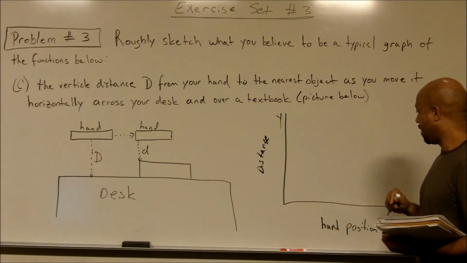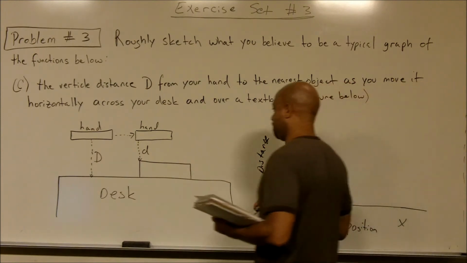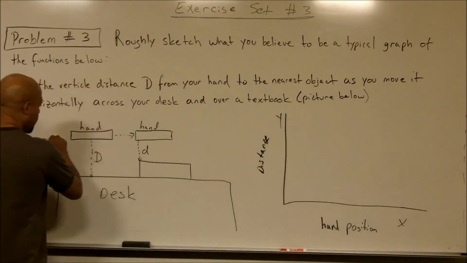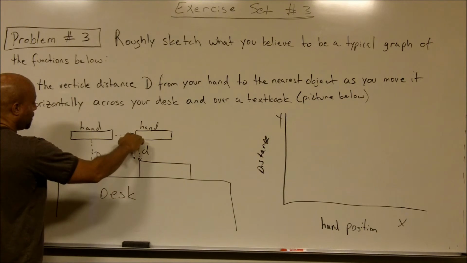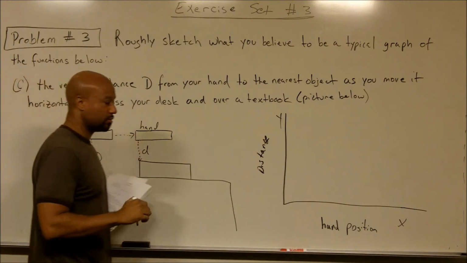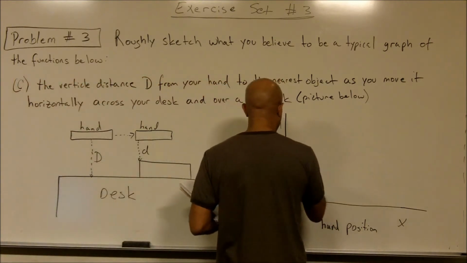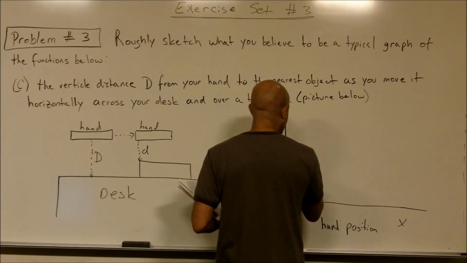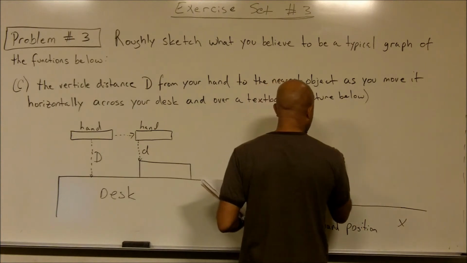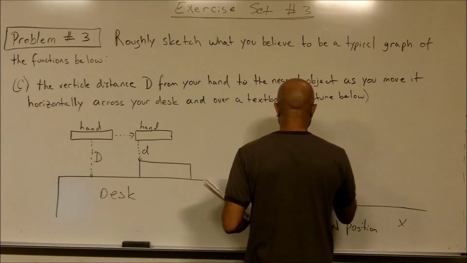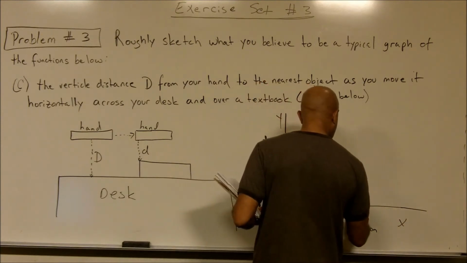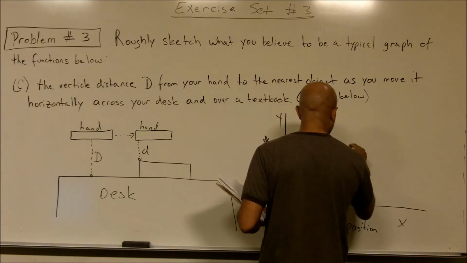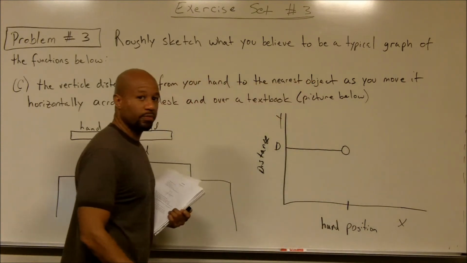We see that as we move our hand across the desk, the distance is going to be constant until we get to the book. So if this is the edge of the desk, we start moving over, and this is distance D, until we get to the book.